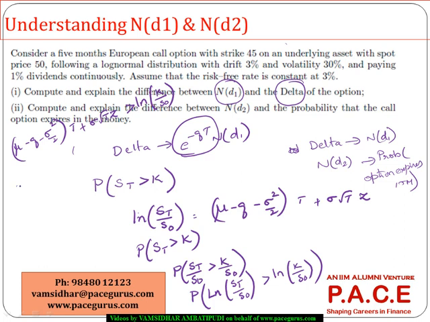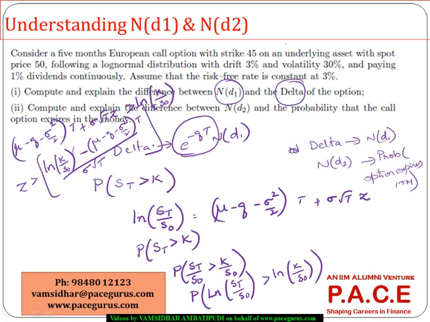So from here I can say Z is greater than [log(K/S0) minus (mu minus Q minus sigma squared by 2) into T] divided by sigma root T. So I want to find out the probability of Z greater than this much.